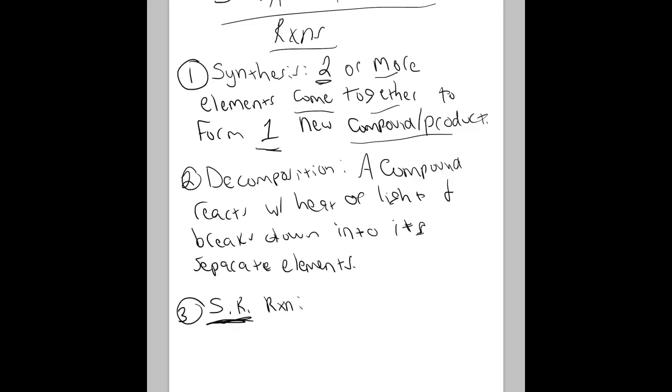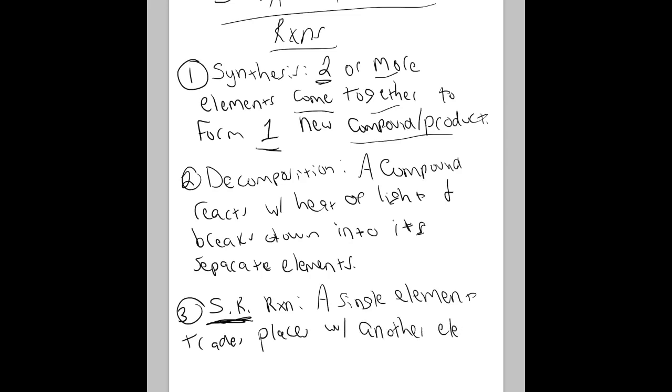The third type of chemical reaction we learned about is called a single replacement reaction. Single replacement, that's what SR stands for. So a single replacement reaction is when a single element trades places with another element with a like charge.